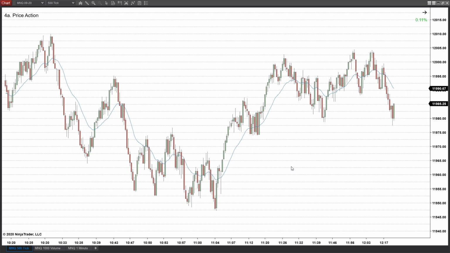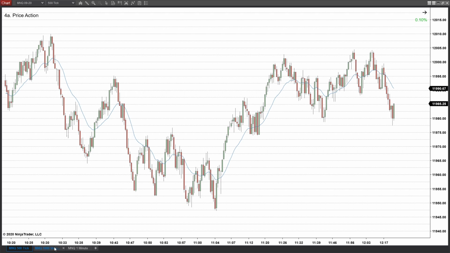When we're talking about tick charts and volume charts, just so we're on the same page, a tick chart is basically every trade. It doesn't matter if that one trade was 10 contracts or one contract. One trade counts as one tick. So a 500 tick chart is just cataloging the movement from the start of 500 ticks to the end of 500 ticks.